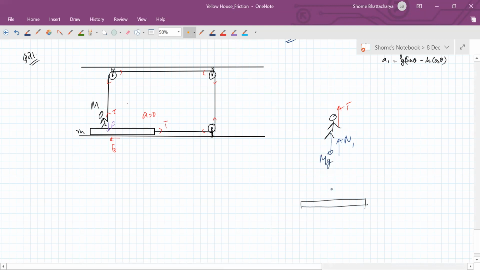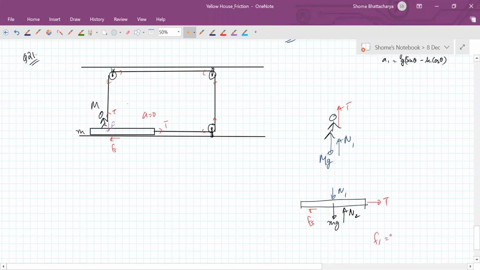So on the plank there is N1 acting like this, there is its own weight, small mg, acting like this, there's some normal reaction from the ground, there's tension from this side and static friction.